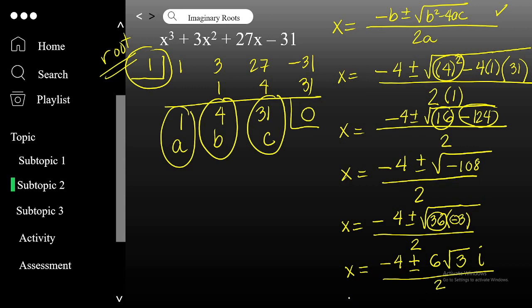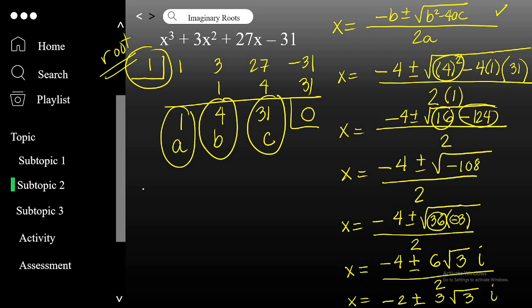Now, let's simplify this further because we can divide 4 and 6 by 2. Negative 4 divided by 2 is negative 2, plus minus 6 divided by 2, that's 3, the square root of 3, and you have an i there.